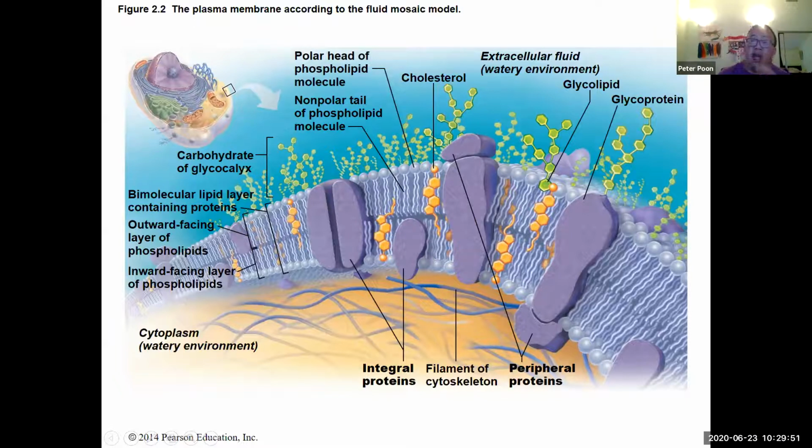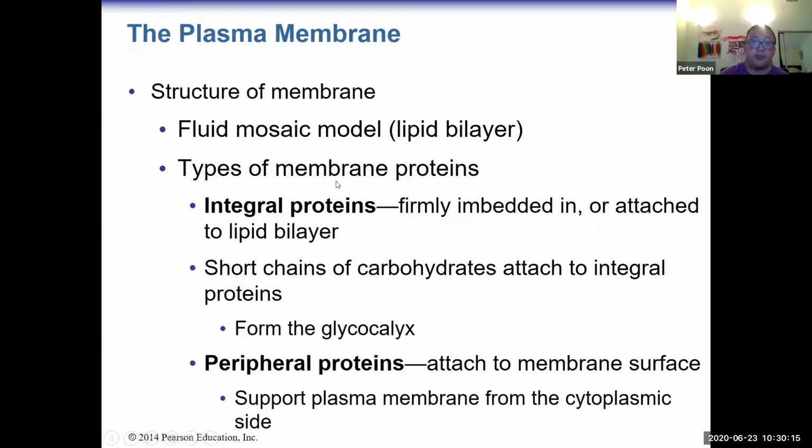So you get a bilayer with heads attracted to water on the outside and the inside, and in the middle a layer that hates water. That's why things have a hard time going from one side of the cell to the other, and we'll discuss how they get through in a little bit.